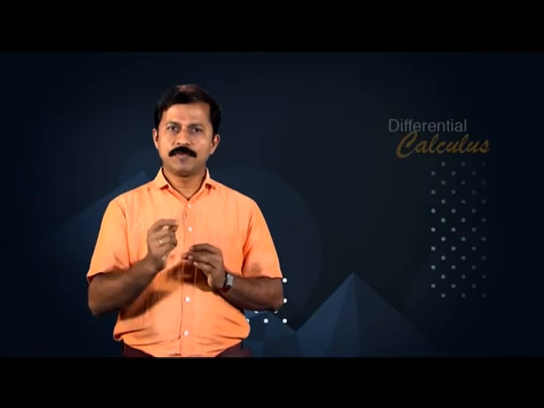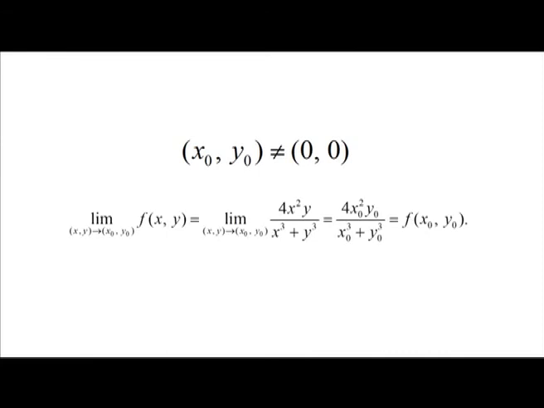The function f is continuous at any point (x naught, y naught) different from (0, 0) because the limit as (x, y) approaches (x naught, y naught) of f of (x, y) is equal to the limit of 4 x^2 y by (x^3 plus y^3), which is equal to 4 x naught^2 y naught by (x naught^3 plus y naught^3), which is equal to f of (x naught, y naught).